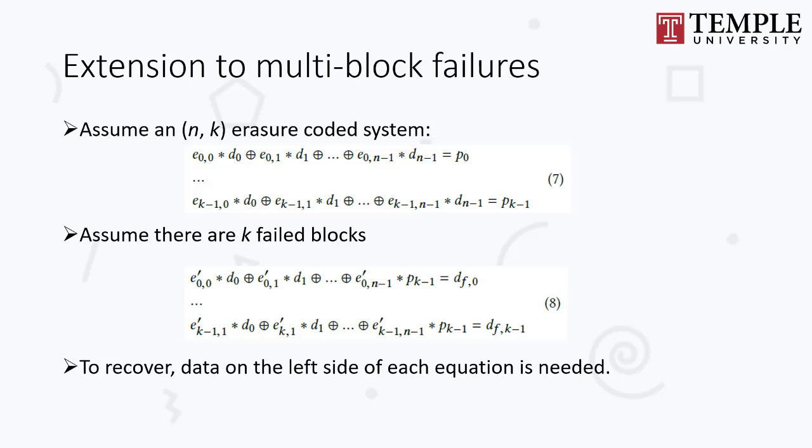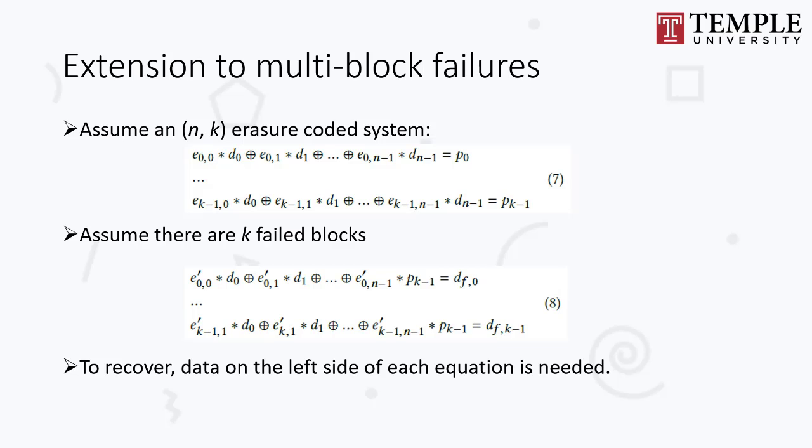Assume there is an (n,k) erasure-coded system with original data blocks D0 to Dn-1 and parity blocks P0 to Pk-1. Then the encoding functions for this system are shown in equation 7, where Eij is the encoding coefficient. Further, assume that there are k failed blocks Df0 to Dfk-1, which belong to D0 to Dn-1.